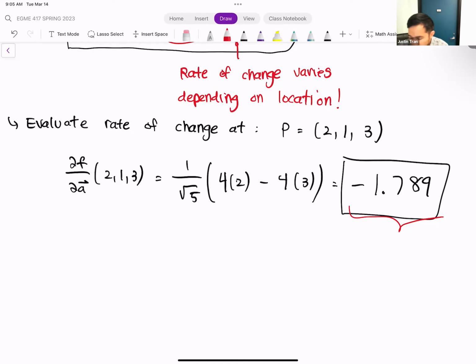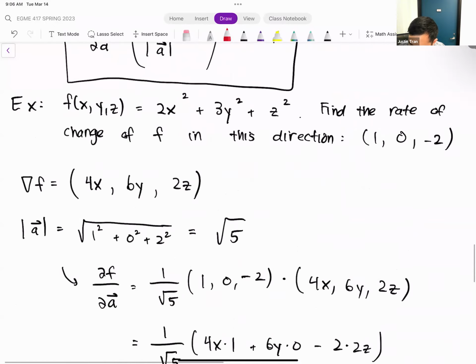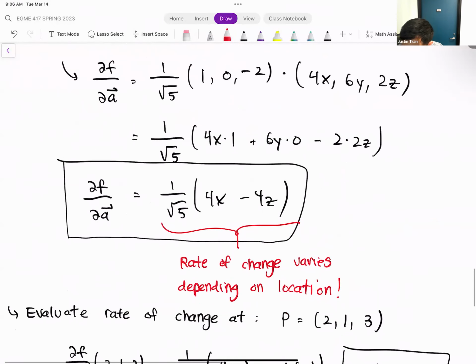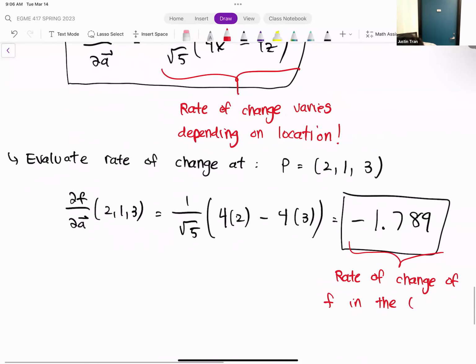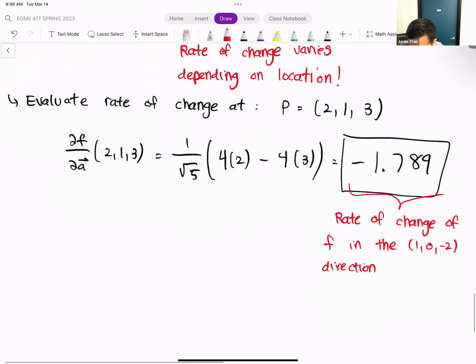This minus 1.789 represents the rate of change of f in the a direction, where a in this case was the 1, 0, 2 direction, evaluated at the point P.